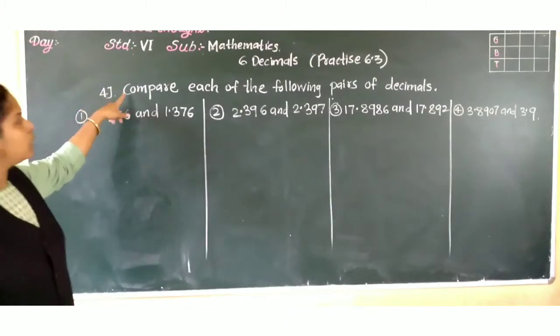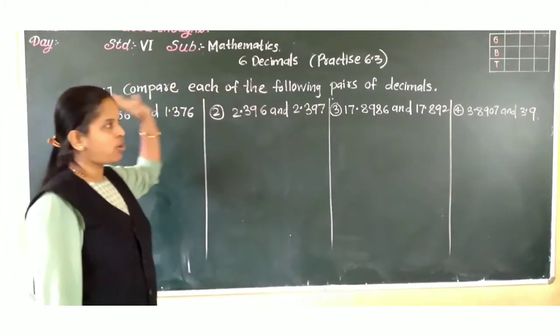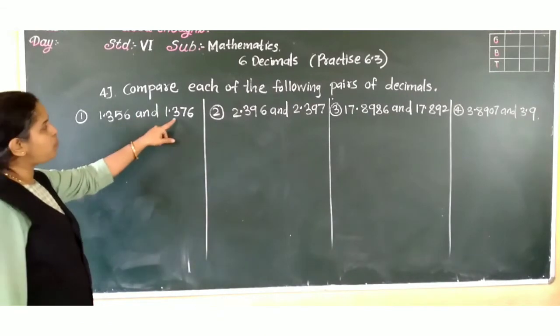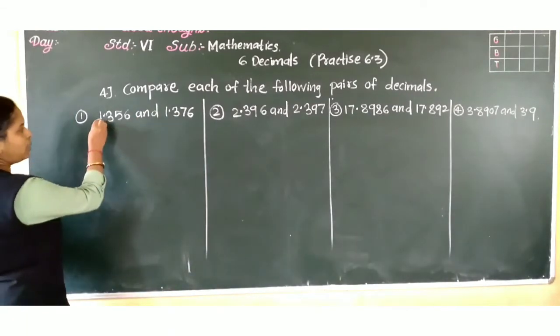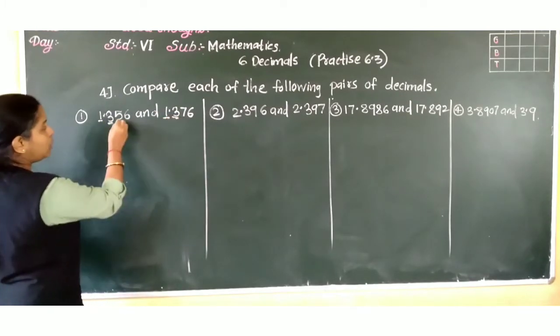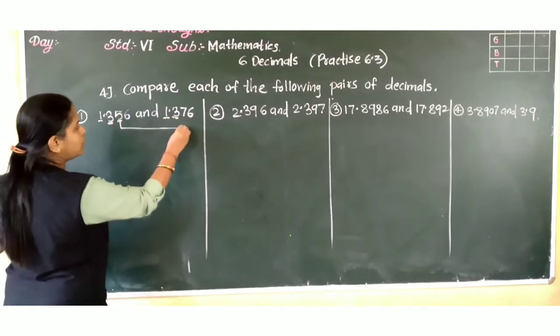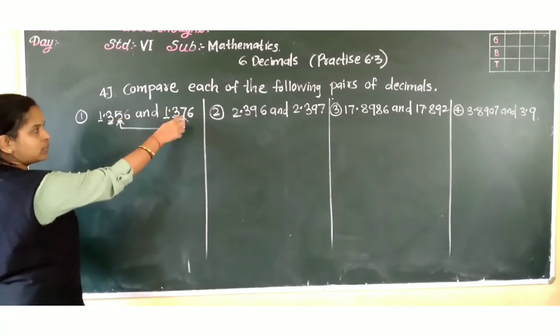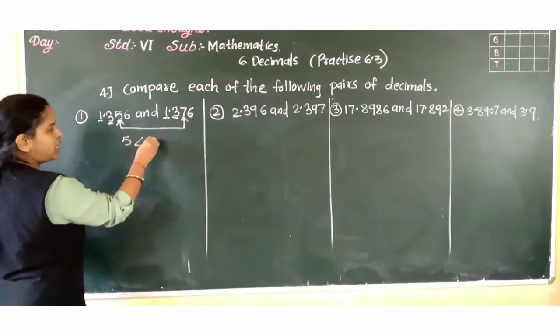Question number 4. Compare each of the following pairs of decimals. First one, 1.356 and 1.376. Now compare both. Same. Now this same. Now look at both of these. Who is greater? 5 or 7? 7 is greater.